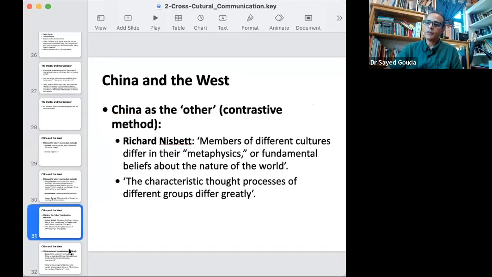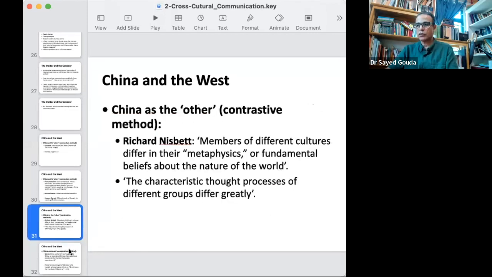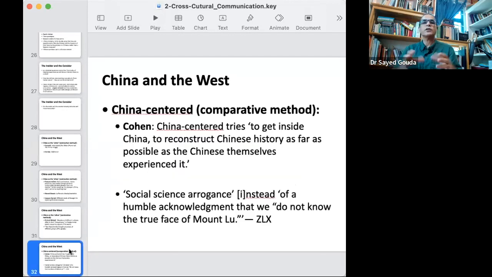But starting from here, we return to Cohen. He introduces this comparative method, not the contrastive method, not just focusing on differences, but focusing on both similarities and dissimilarities. So Cohen here, as I said, called for this China-centered approach.